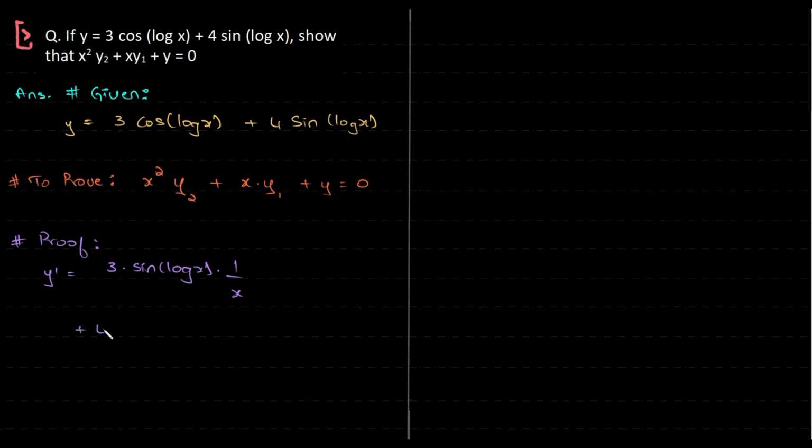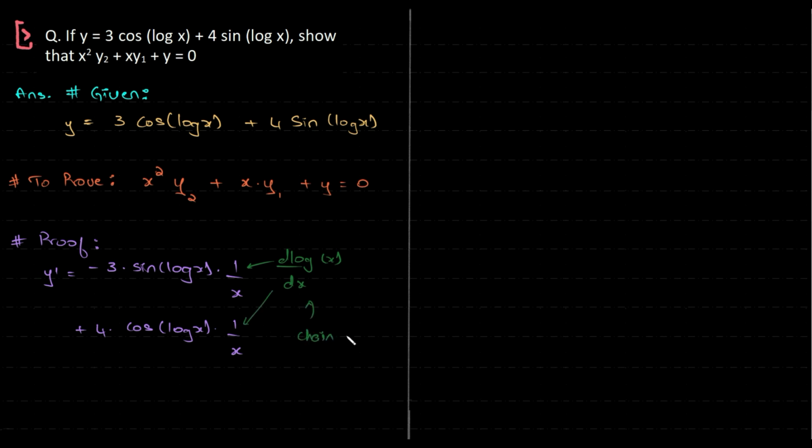Next we have the second term 4 cos, by the way this is minus log x, and again as per the chain rule we need to differentiate this. So we have the following answer. So this is the derivative of log of x. Same thing over here.